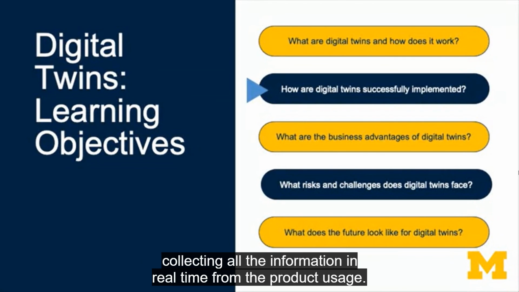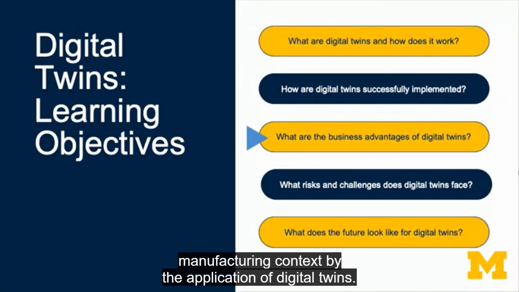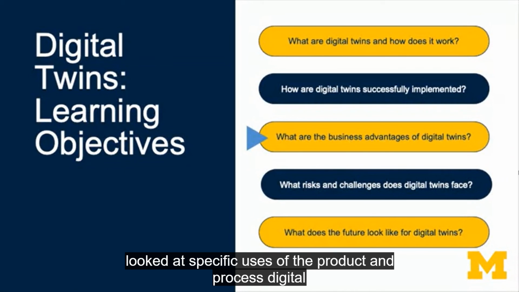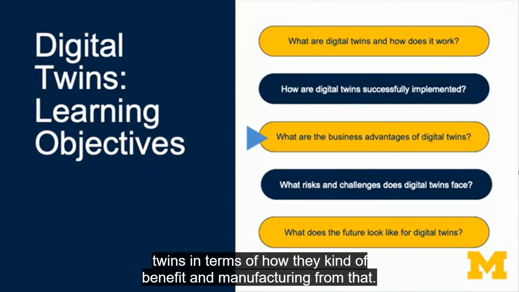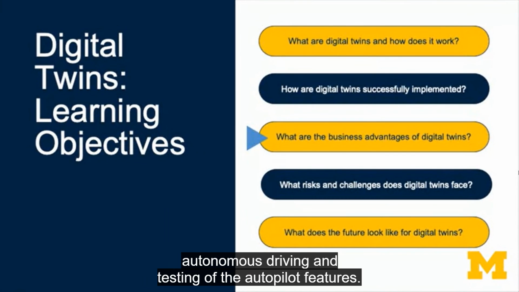So we also discussed the different business benefits that you can get in a manufacturing context by the application of digital twins. Specifically, we went into the auto industry and looked at specific uses of the product and process digital twins in terms of how they benefit manufacturing. And we discussed the usage of digital twins in autonomous driving and testing of the autopilot features.